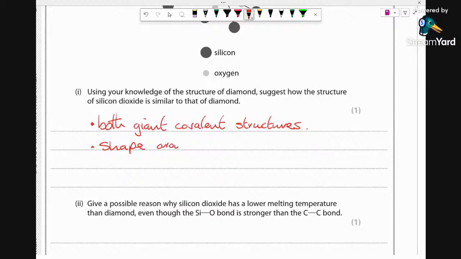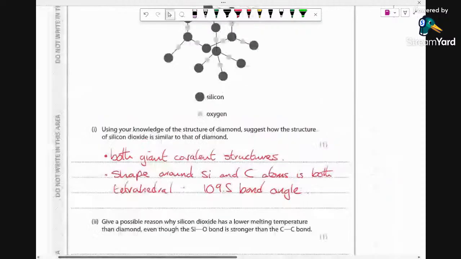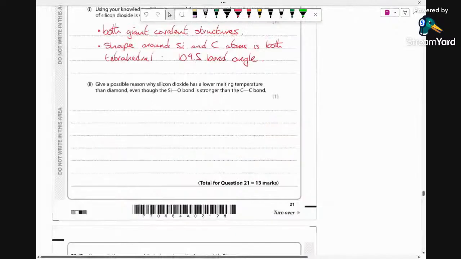Shape around silicon and carbon atoms is both tetrahedral. Bond angle, 109.5 bond angle. Same thing. Love it. Seems reasonable to me. It's only one mark. Don't want to waffle too much.